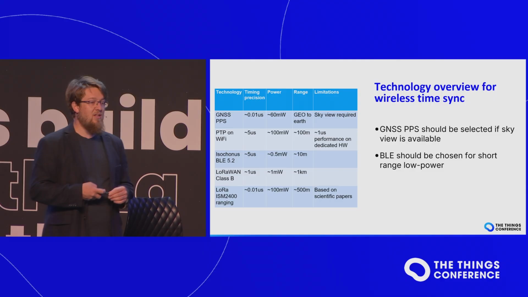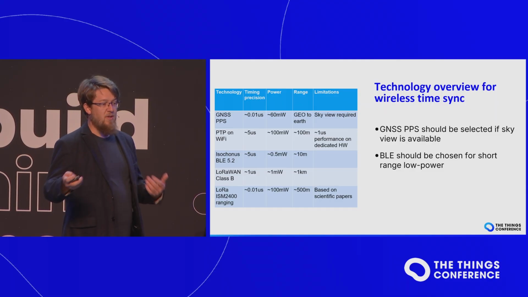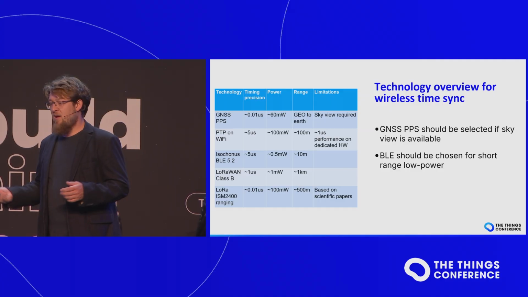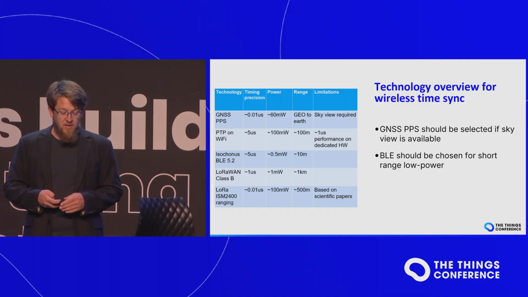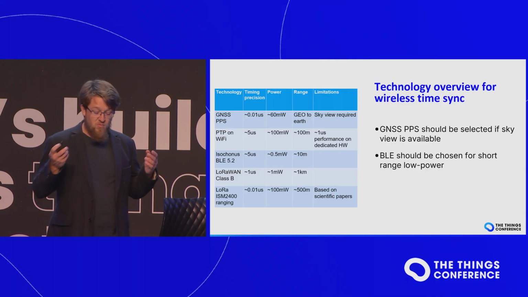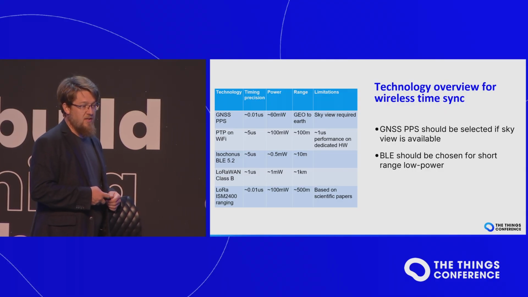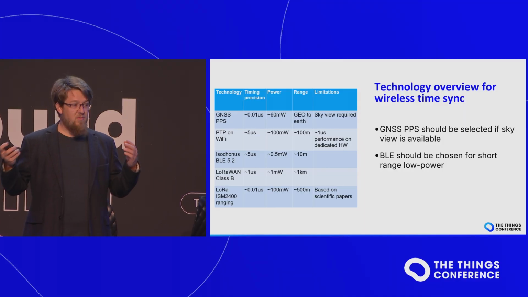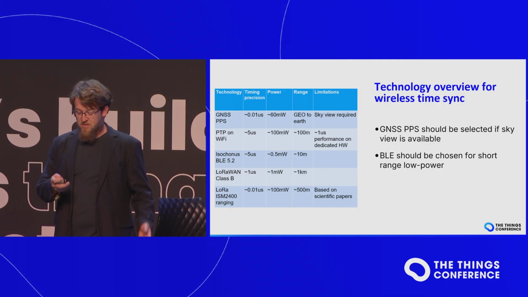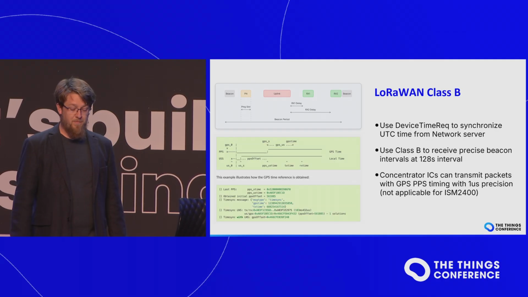But as soon as you need distances of tens of meters or 100 meters, maybe up to a kilometer, really you can only do it with sub-gigahertz on LoRaWAN. You can do it maybe with LoRa 2.4 with ranging, which is really good for precise time sync. But you don't have the standard gateways and all that at that band, so 868 is still the best option.